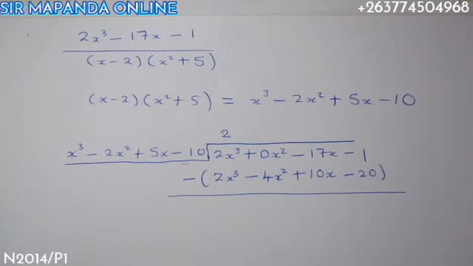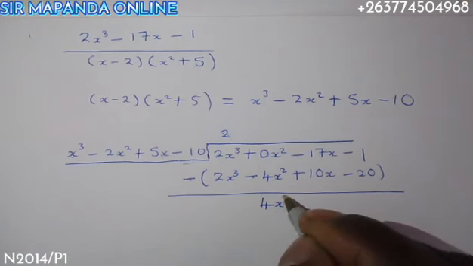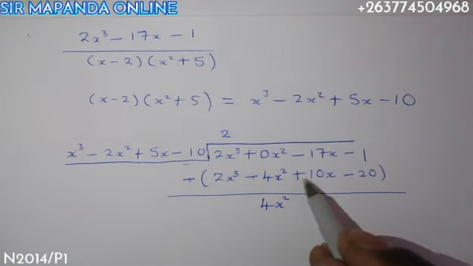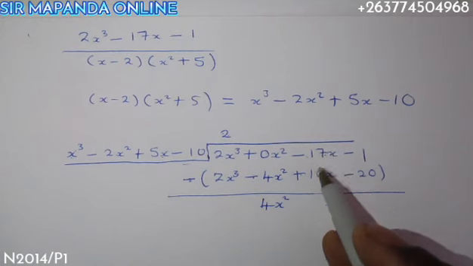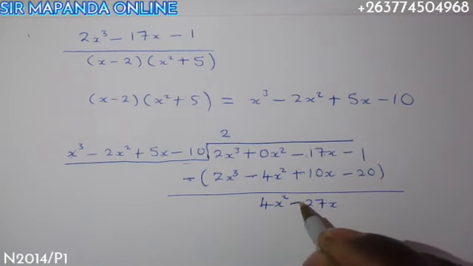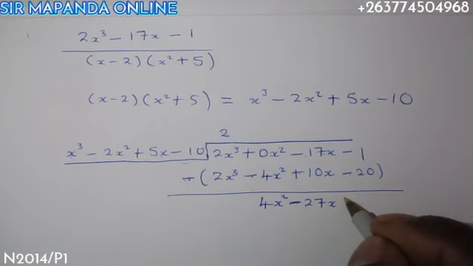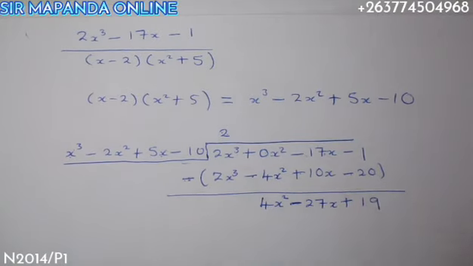So let us subtract. 2x cubed minus 2x cubed to get 0. Then minus and minus, it gives you plus. So 0 plus 4, you get 4x squared. Then minus and plus, you get minus. So it's minus 17 minus 10, it gives you minus 27x. Minus and minus, you get plus. So 20 minus 1, you get plus 19. I hope you are following.